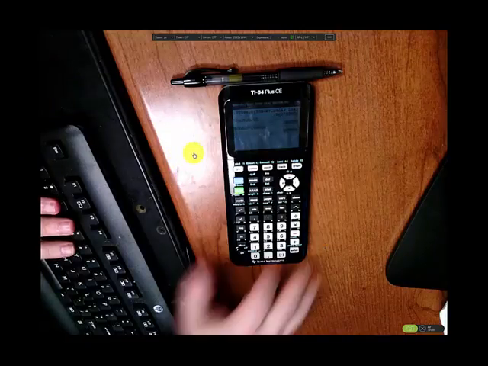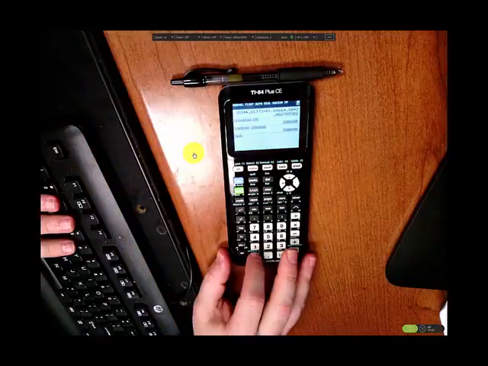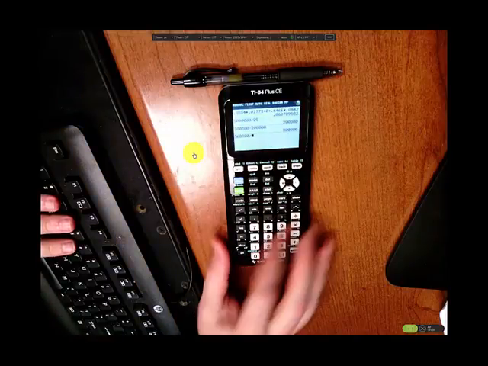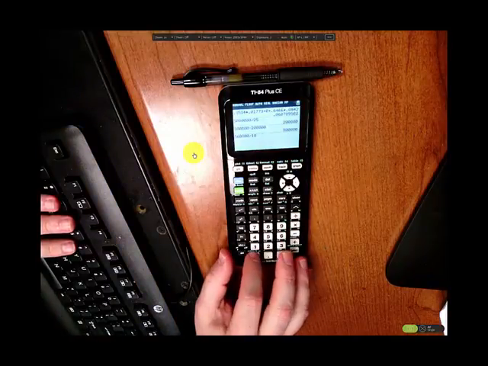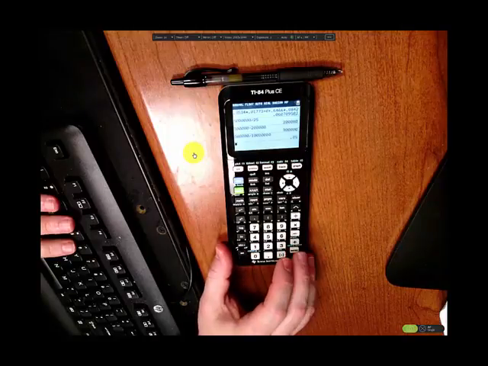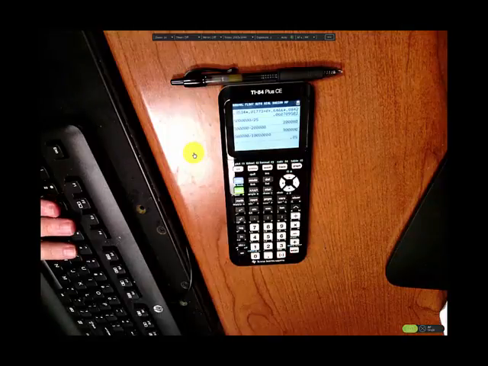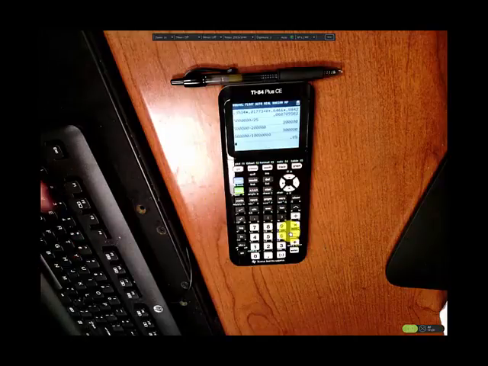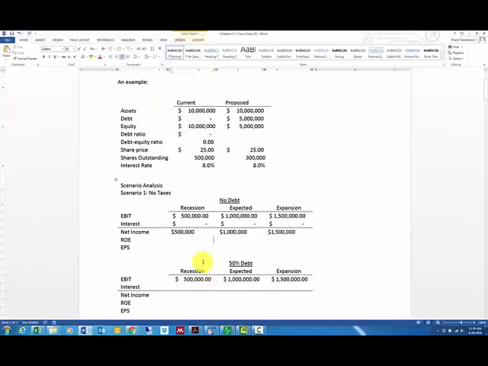So our net income is $500,000 divided by 10 million. So we have 5% return on equity. So our return on equity in the first case is 5%.